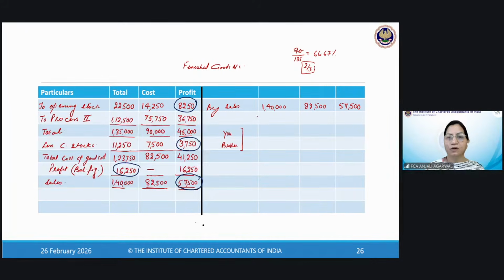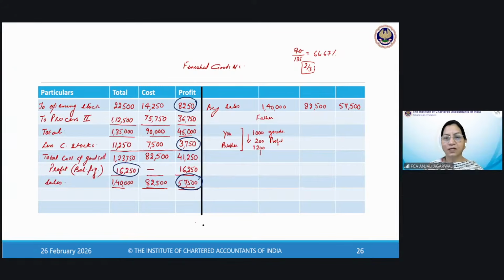Your father gave you 1,000 rupees of goods. You moved it to your brother; your brother asked that I want to sell these goods, give it to me. So you thought I will also earn my profit and you added 200 as profit. So you gave it to your brother at 1,200.